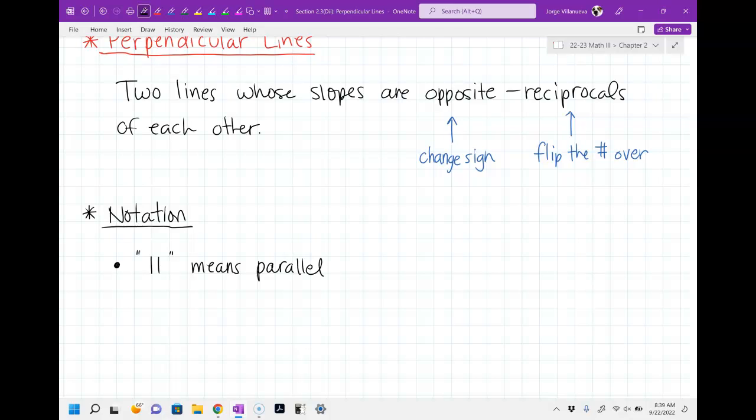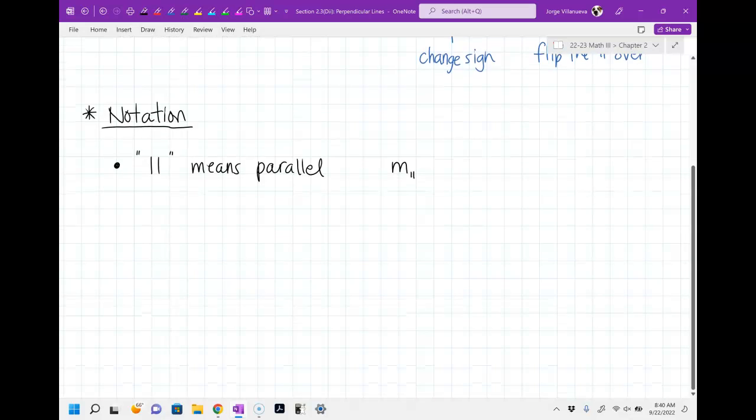So sometimes you'll see teachers write parallel slope like this. Not slope 11, but parallel slope, like two little L's next to each other, so it looks like an 11. So you might see that. That means parallel slope, okay?